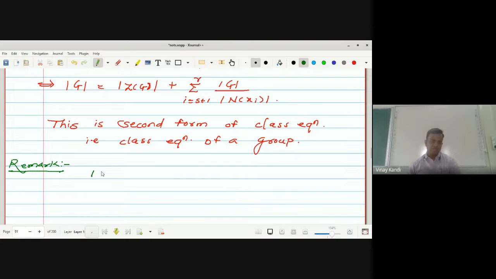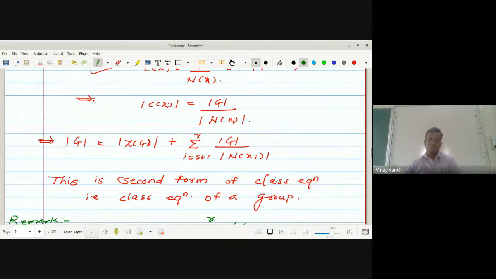What is the class equation? Order of G is equal to order of center of G plus summation i running from s plus 1 to r of order of G upon order of G Xi, from equation 2.